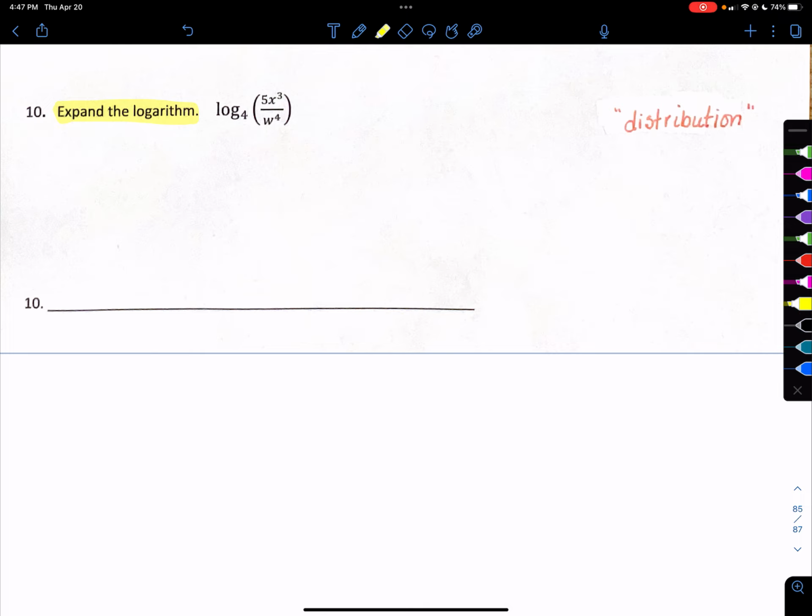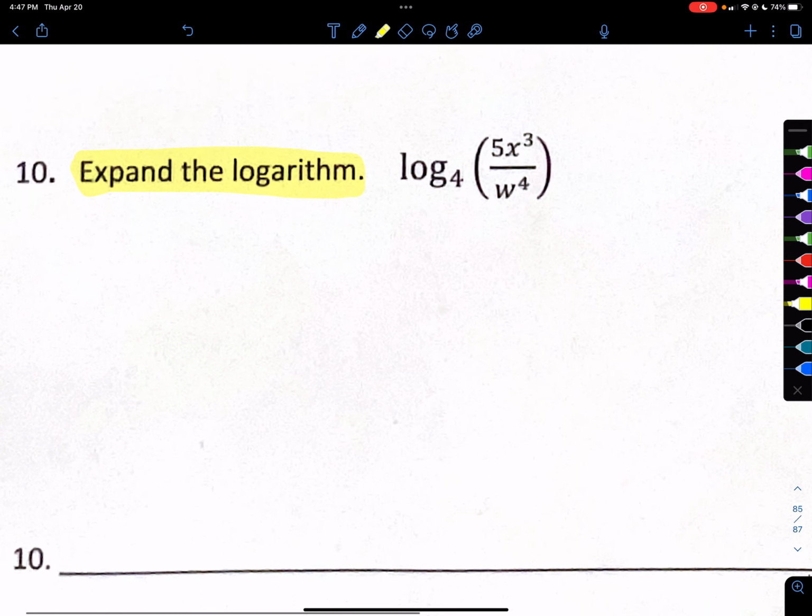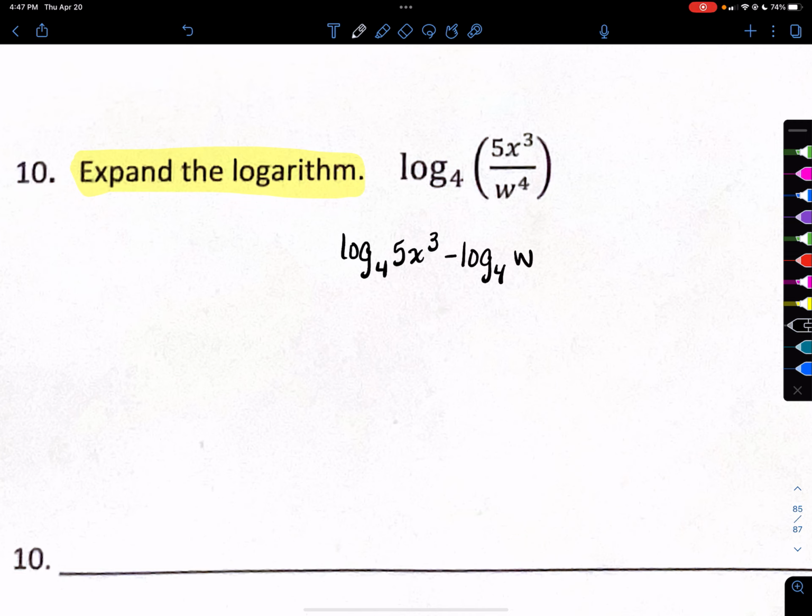Okay, so looking at this, a common mistake that I saw today is that people were giving me this here. Log 4 of 5x to the third minus log 4 of w to the fourth.